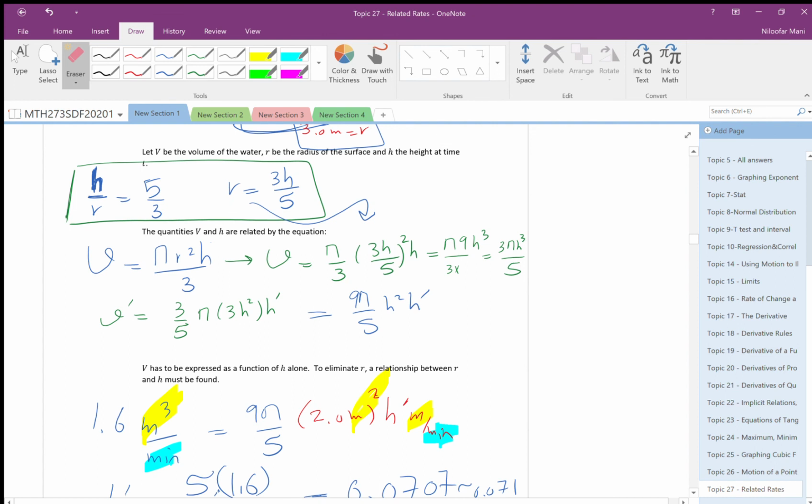So it's pi over 3, 9 over 25 h cubed, so I can cancel, and this is 3 over 25, which is pi 3 h squared h prime, and 9 over 25.